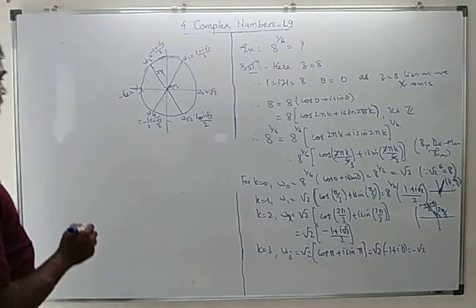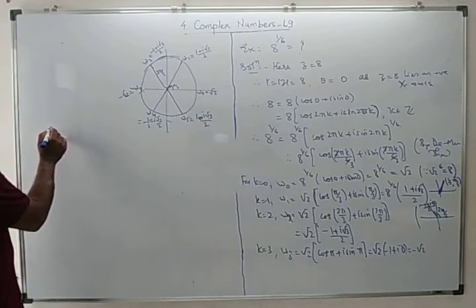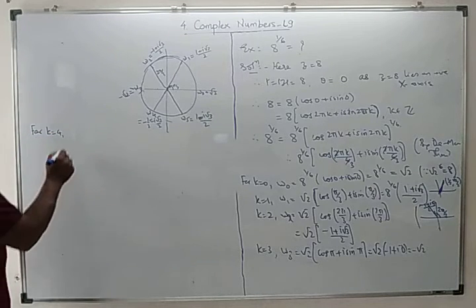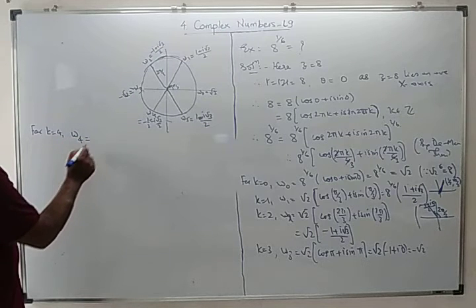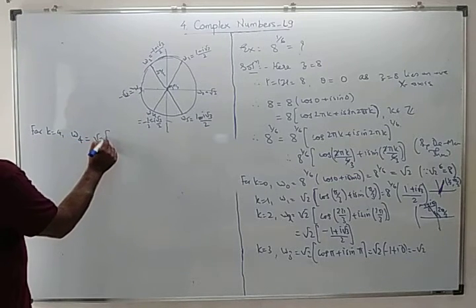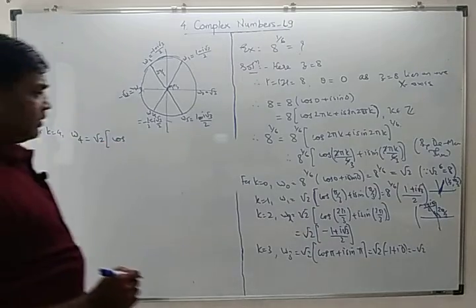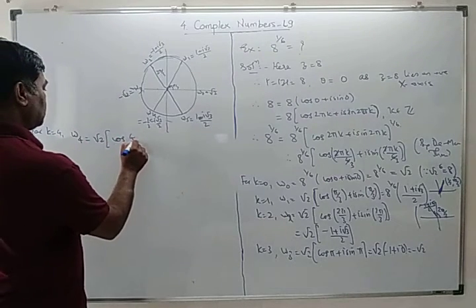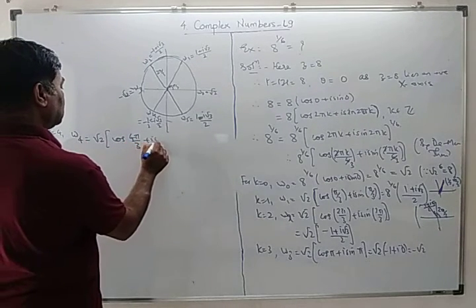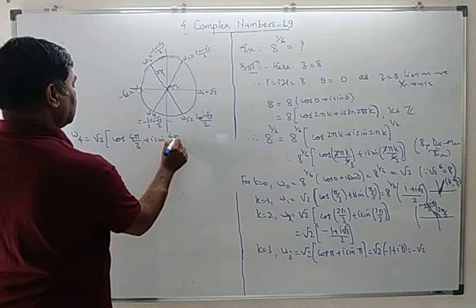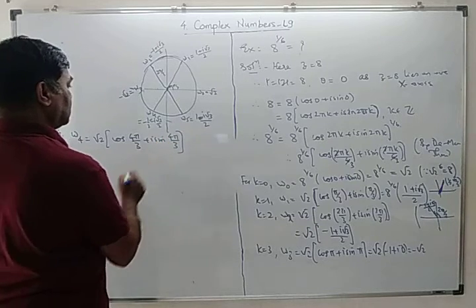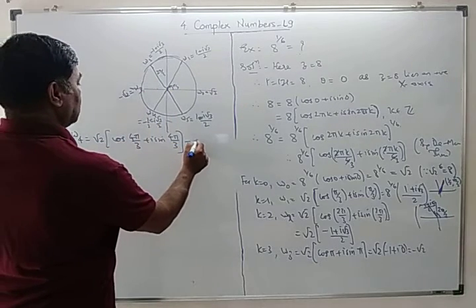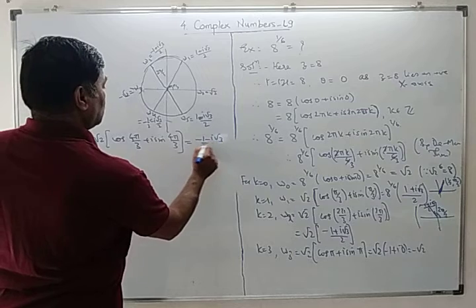So for k equal to 4, W4 is equal to root 2 into cos of 4 pi by 3 plus i sin 4 pi by 3. So pi plus pi by 3, and this is nothing but minus 1 minus i root 3 by 2.